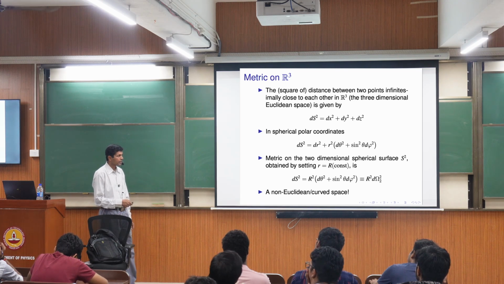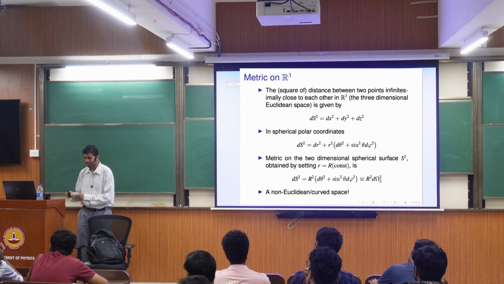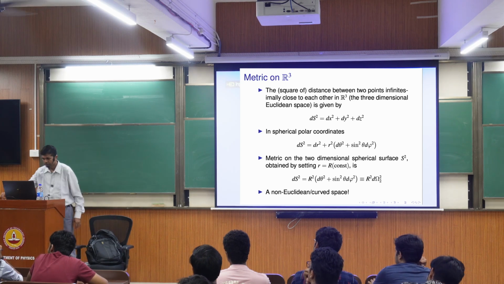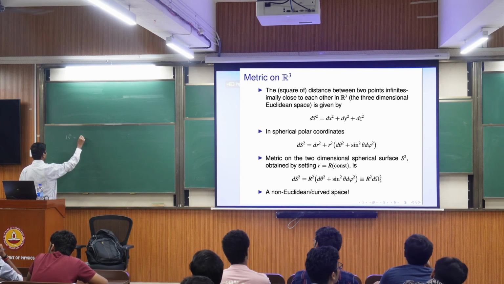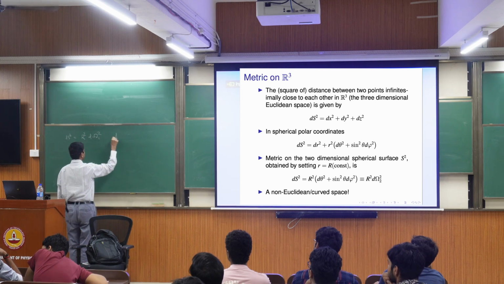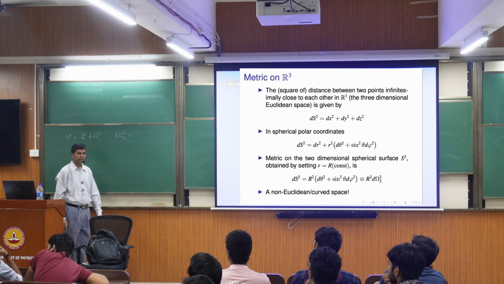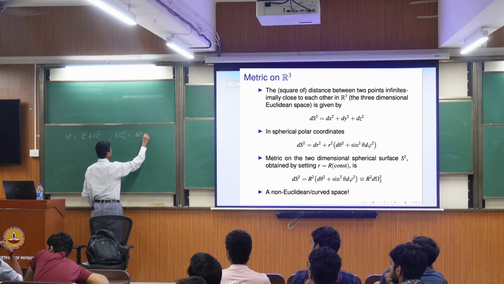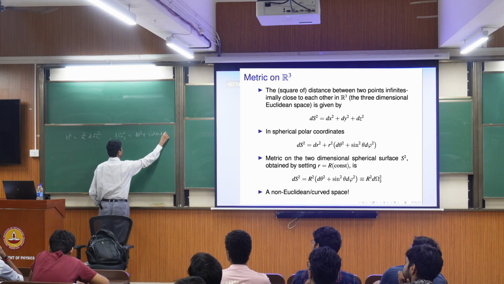By the way, this metric is also known as the line element. So the line element becomes ds squared equals R squared times d omega 2 squared, where d omega 2 is the standard metric on a round sphere. So this is just d theta squared plus sine squared theta d phi squared. Alright?